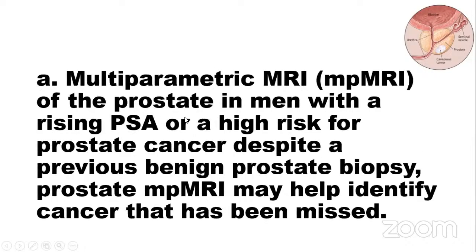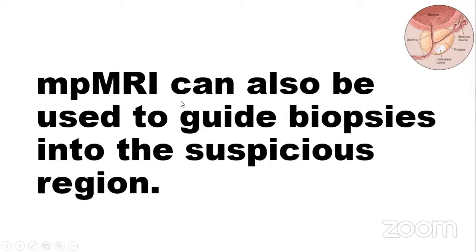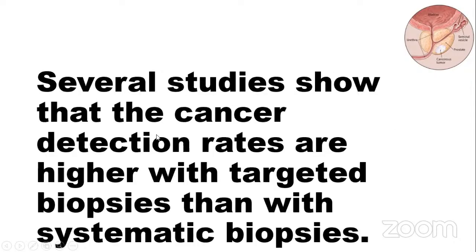Multiparametric MRI of the prostate in men with rising PSA or high risk of prostate cancer despite previous benign prostate biopsy. Prostate multiparametric MRI may help identify cancer that has been missed. Multiparametric MRI can also be used to guide biopsy into the suspicious region.